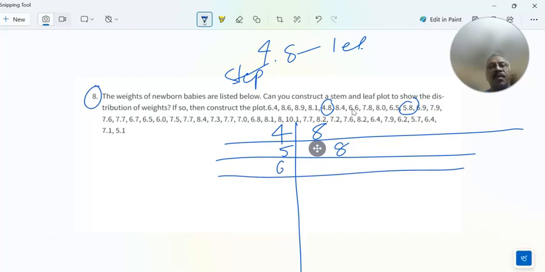I think for 5 we have 5.1. So there's a 1 also. I'll put 1. And there is also this one. For the 6, we have a lot of them. So 6.4, 4.